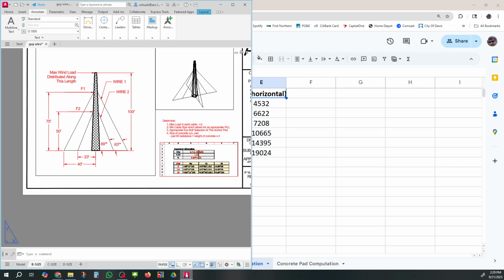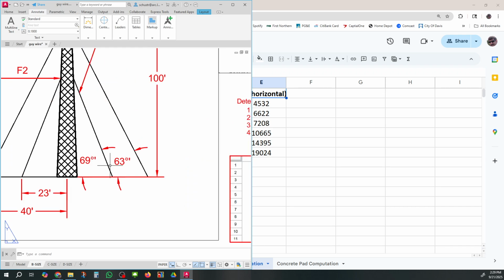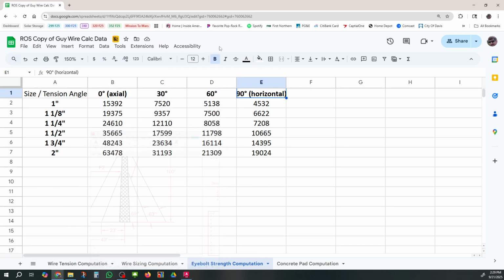So let's see, ours are pulling at, say, about 30 degrees from axial. Okay, so if I went up from straight, this is what I would be doing right here. So I want 30 degrees right in these ones right here.